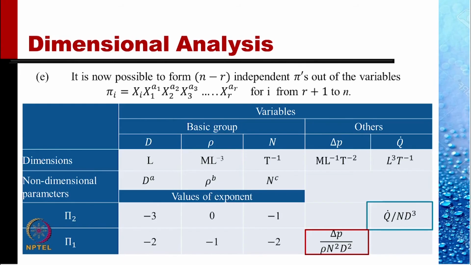And the other with the independent parameter Q dot, and the values of the exponents are 0, minus 3, and minus 1. So that this comes out to Q dot divided by n d cube. This is for the independent parameter and this for the dependent pi number.